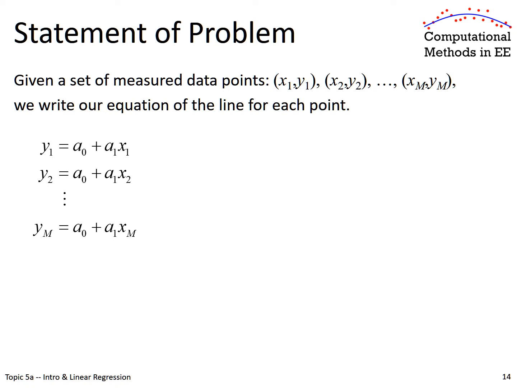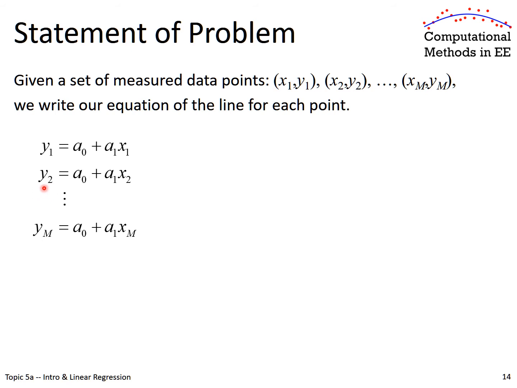The first thing we'll do is write that equation of the line for each of our samples. So for example, we have sample 1, point 1, and so we have the subscript 1 here. So we have our value y1 and our value x1, and then of course we have the A0 and A1, which are the parameters of our line. The A0 and A1 don't change for all of these.